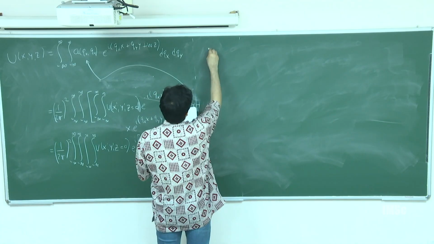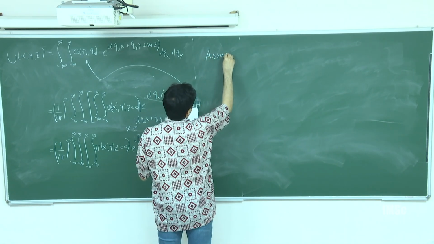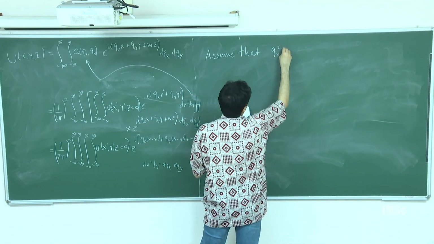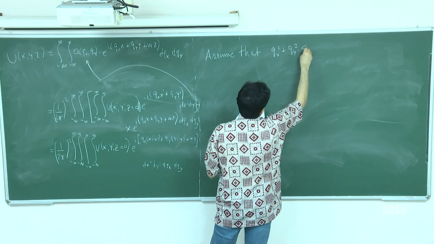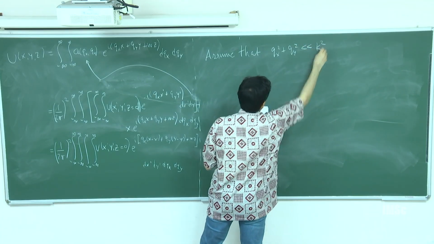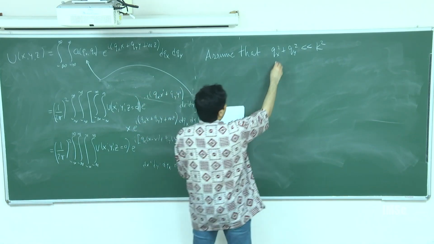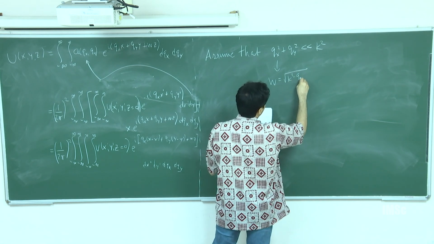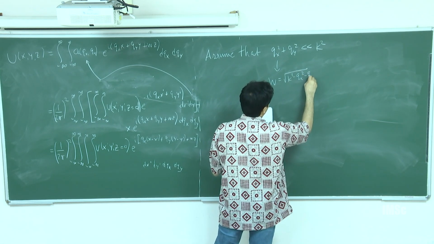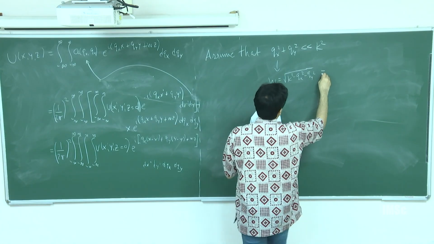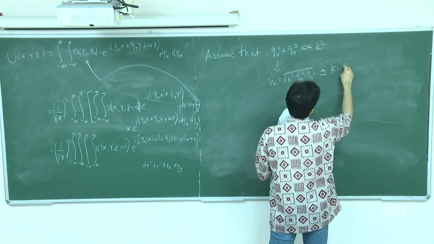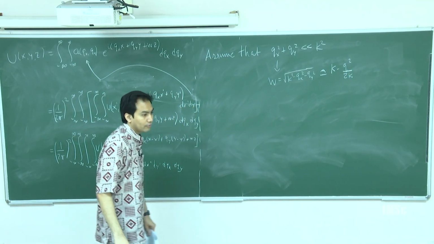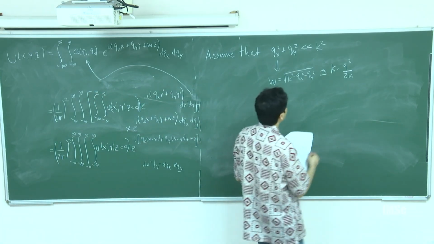Let us assume that q squared is much less than k squared. In this case it can be written as, because qx squared plus qy squared is q squared. So this is called the paraxial approximation.